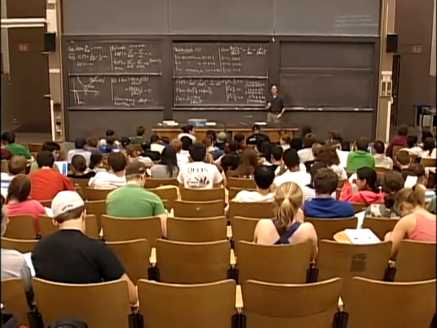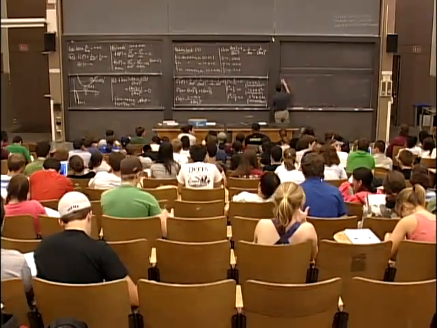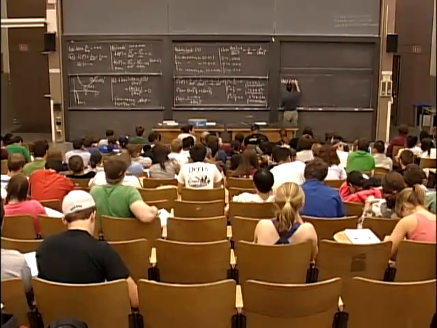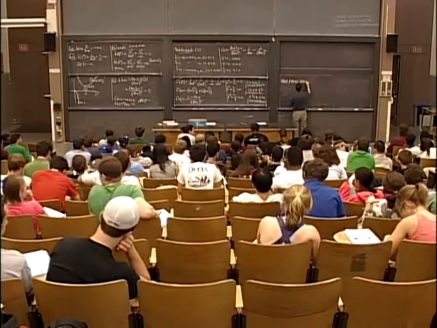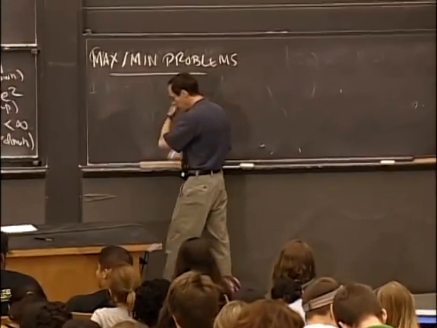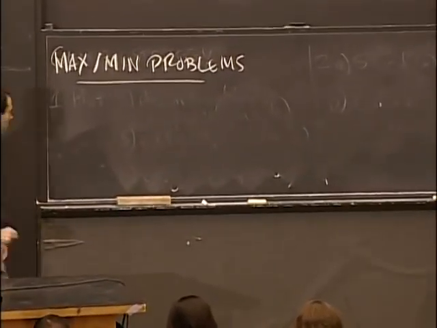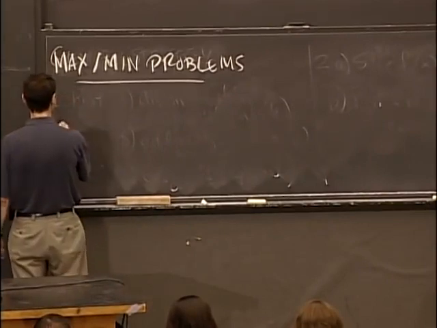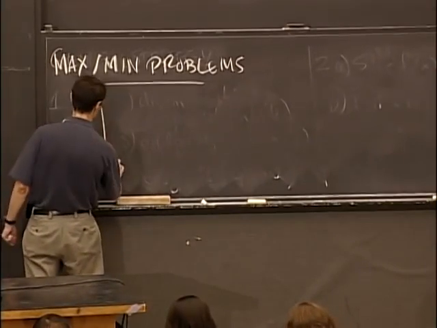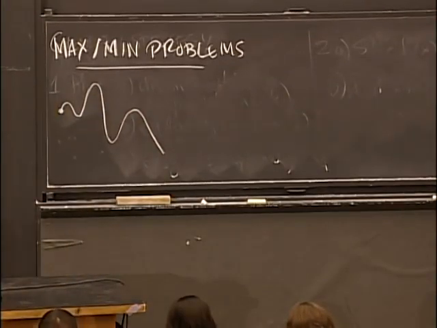Okay, now, maximum and minimum problems can be described graphically in the following way. Suppose you have a function. All right, here it is. Okay? Now, find the maximum.